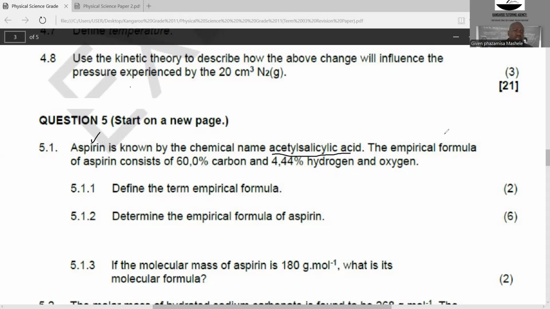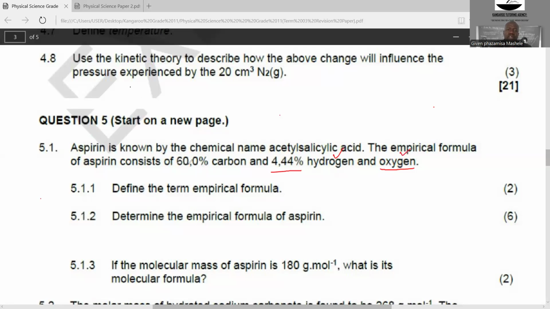Now, we are told that the empirical formula for aspirin consists of 60% of carbon, 4.44% of hydrogen and an unknown percentage of oxygen.